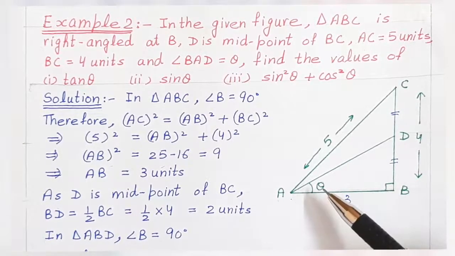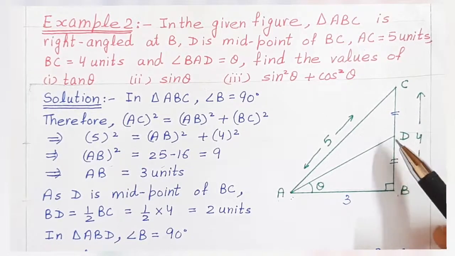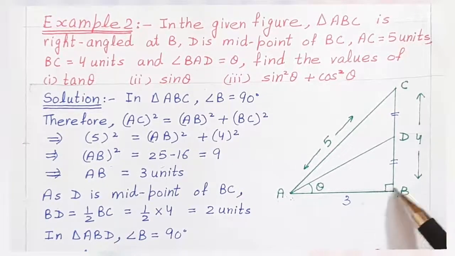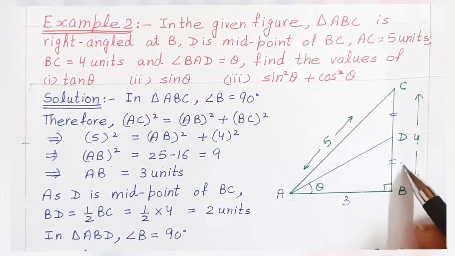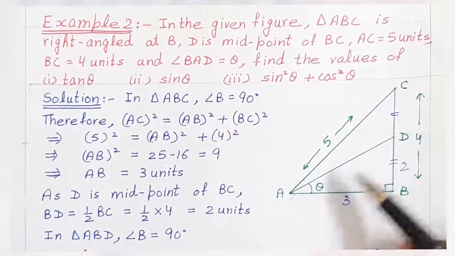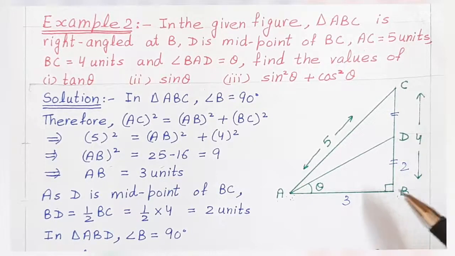Now let us consider triangle ABD. Now students, you can see in triangle ABD, AB is 3 units, BD is 2 units. Now let us find AD, which is actually the hypotenuse of this triangle. So again, apply Pythagoras theorem.